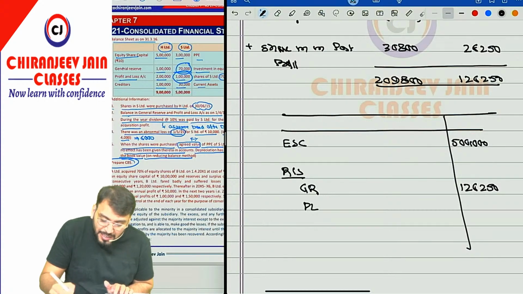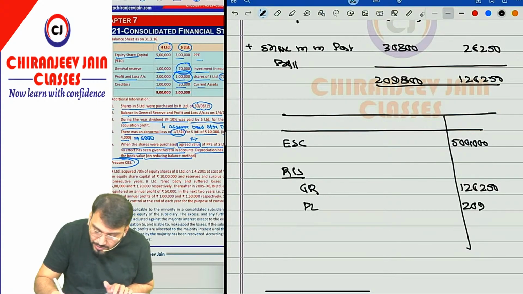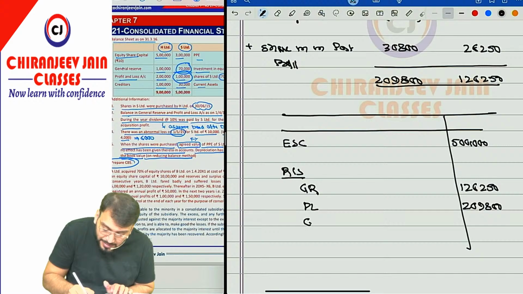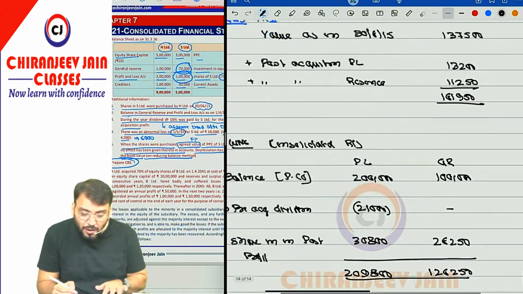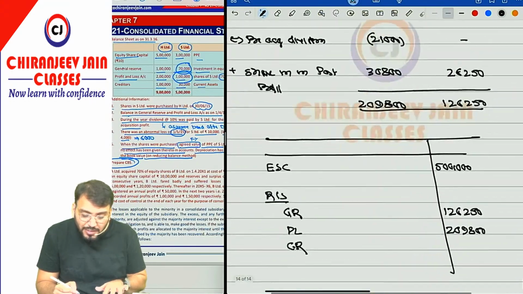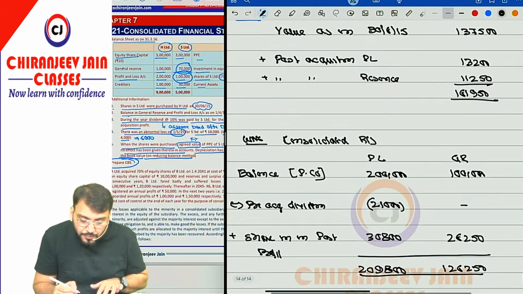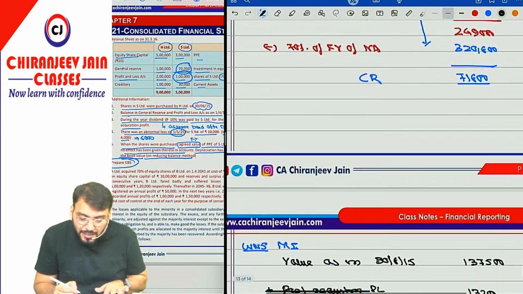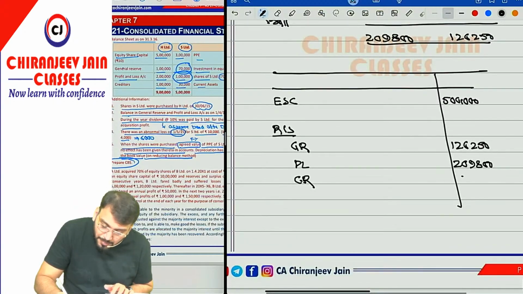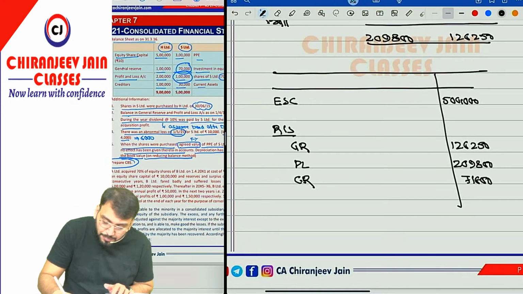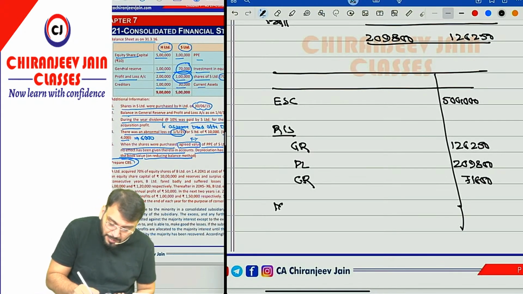Then PL will come as per the working note, that is 2,09,800. There is one capital reserve, as per the working note, 71,600. Prepare the format as per the format; I am not writing it.